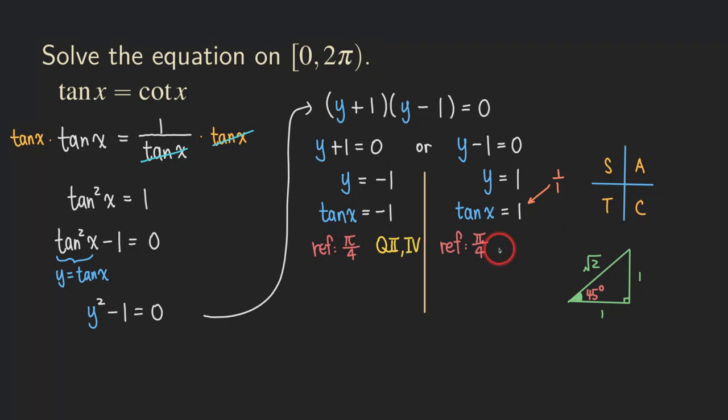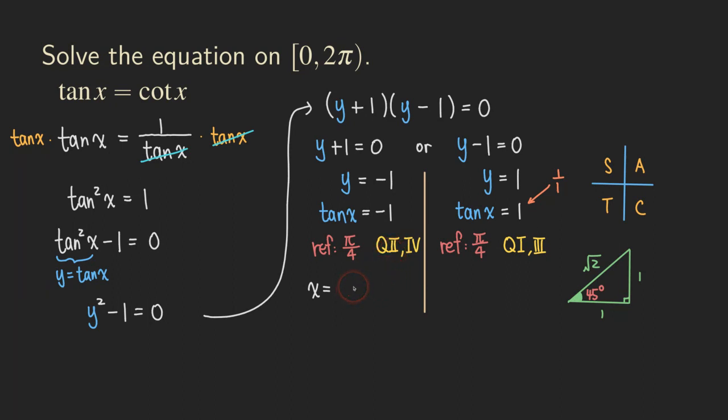And what about the second case? The second case is tangent is positive, so we have quadrant 1 and quadrant 3. Okay? So now in this case, let's see the answer. The answer would be what? We want an angle with a reference angle of pi over 4, and that's also in quadrant 2. And what is that?